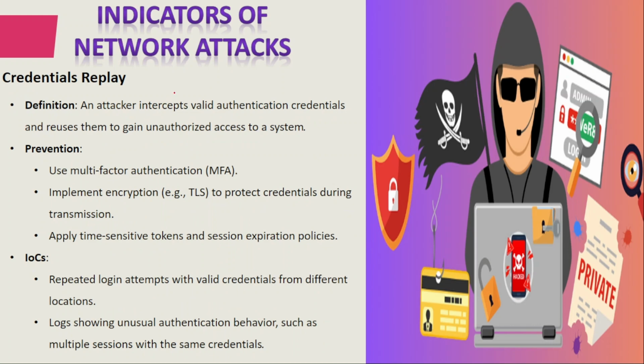Another network attack include the credential replay. So it is when an attacker intercepts valid authentication credentials and reuse them to gain unauthorized access to a system. Prevention include using multi-factor authentication (MFA), implementing encryption such as TLS to protect credentials during transmission, and applying time-sensitive tokens and session expiration policies.